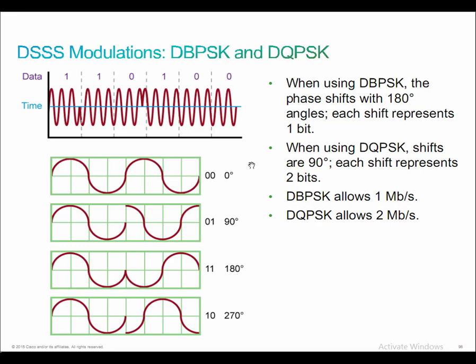If the group to transmit is 0, 0, do nothing. Send the wave as it is. If the group to transmit is 0, 1, shift it 90 degrees. If the wave is going up, the signal should carry on from the top of the wave. If the wave is going down, the signal should carry from the bottom of the wave.